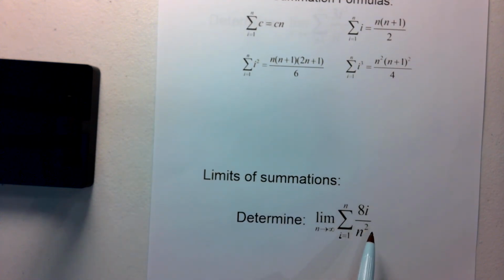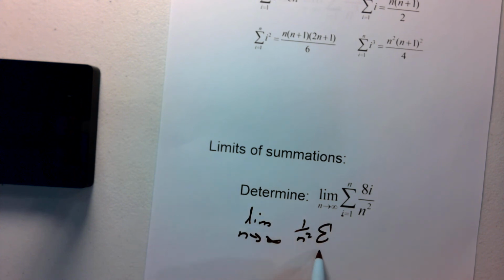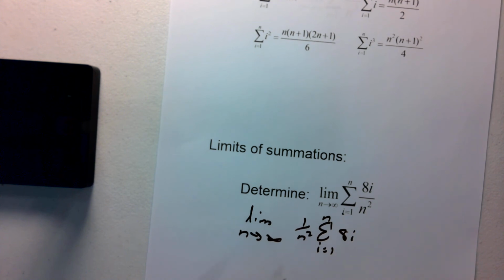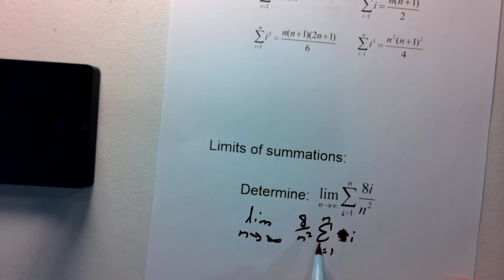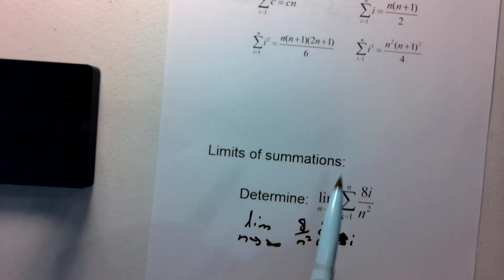This n squared is going to be a constant, so we could rewrite this as the limit as n goes to infinity of 1 over n squared times the summation of i equals 1 to n of 8i. That 8 actually could come out in front as well because it's a constant. So now we just have the summation from 1 to n of i. We know this summation is n times n plus 1 over 2.